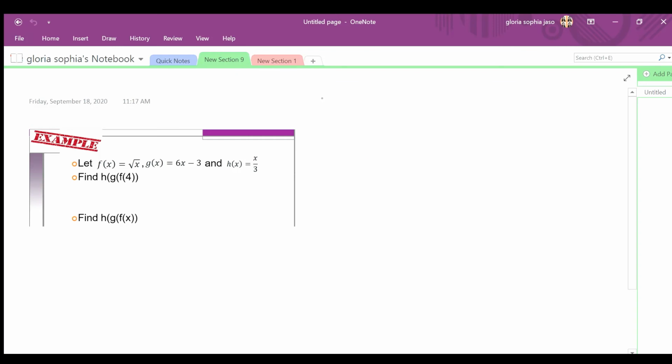Ayan. So, si h, find daw natin si h of g of f of 4. Okay. So, pag ganito, class, unahin muna natin yung part na to.